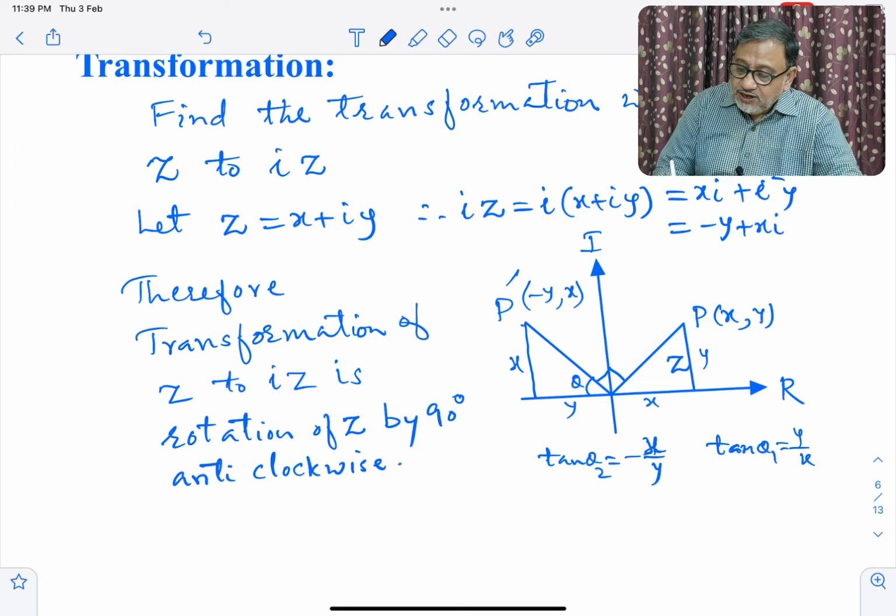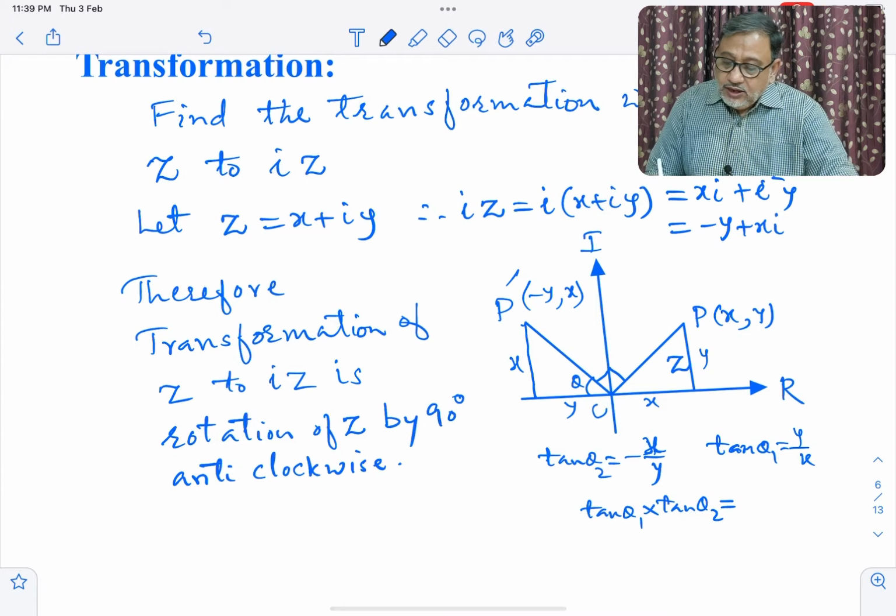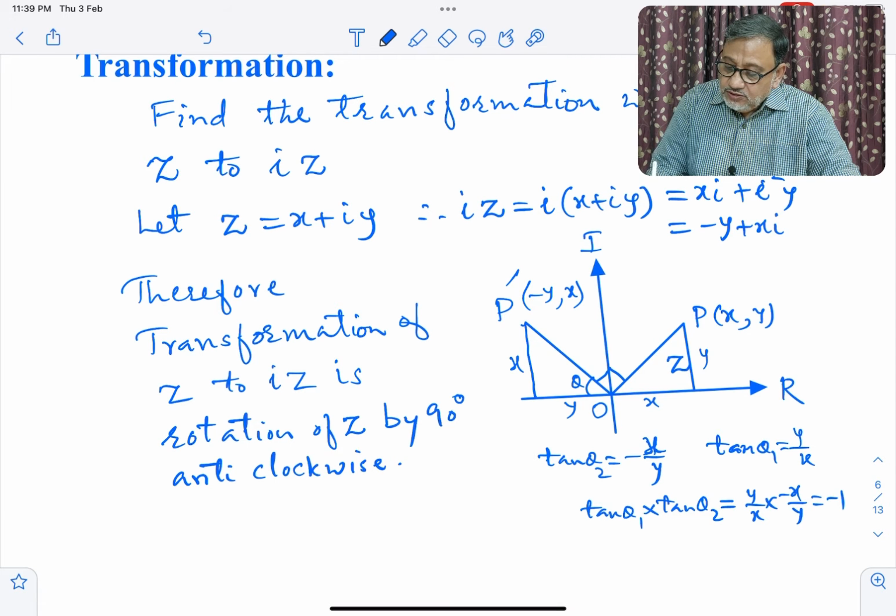Now if you multiply both of them, tan theta 1 multiplied by tan theta 2, and tan theta 1 and tan theta 2 give you the gradient of the line OP and OP dash. So y by x multiplied by minus x by y, and you are going to get -1.